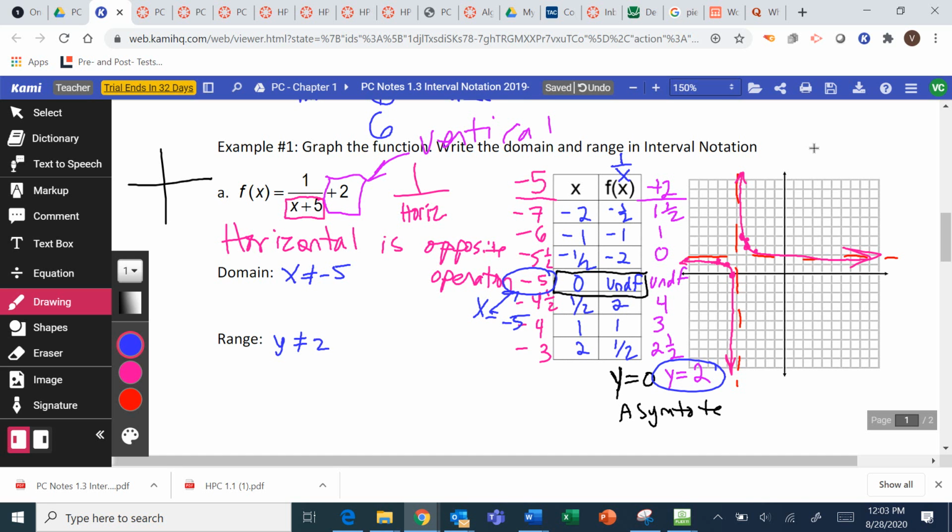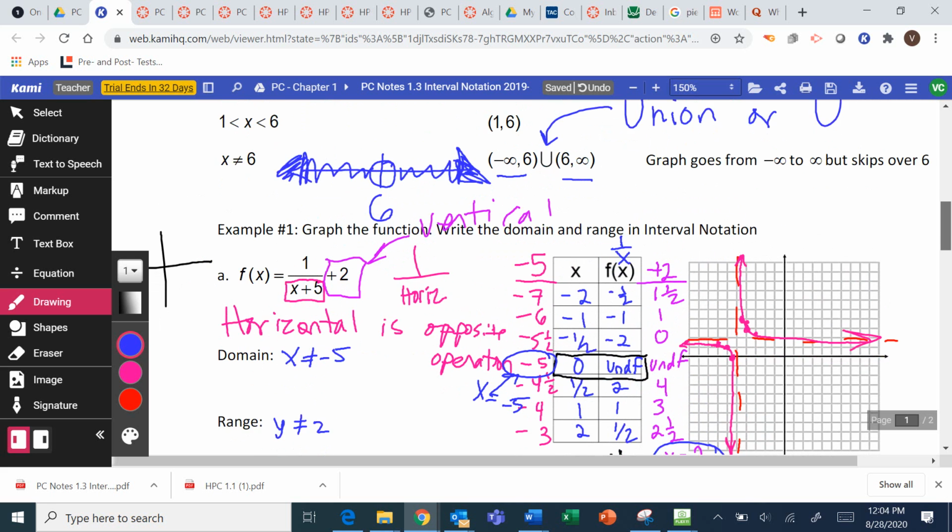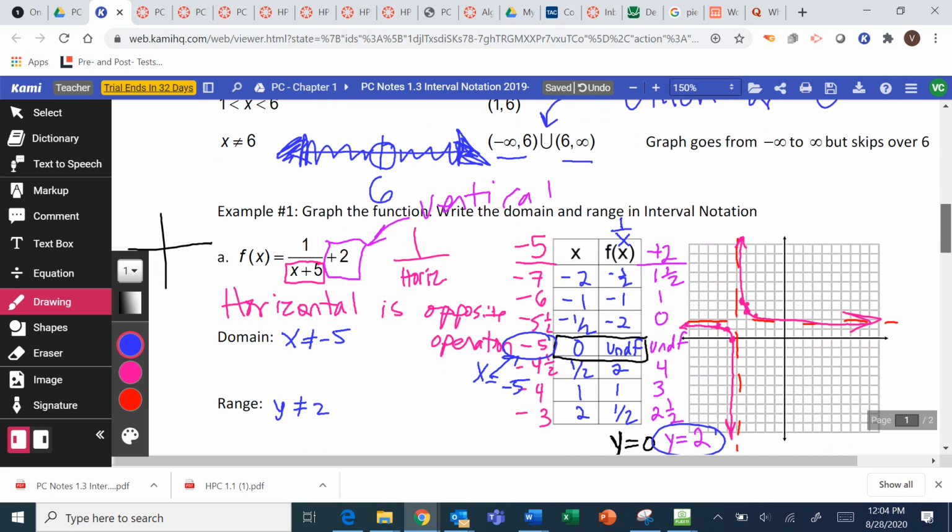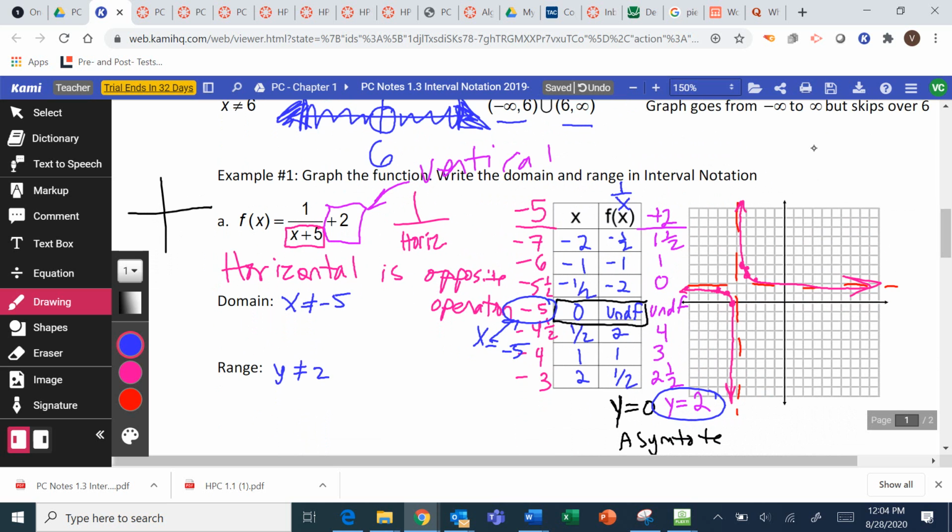That is not going to be how we write the domain and range anymore. We're going to write it in interval notation. So I have an example where I've done 6 in interval notation. But I'll just go ahead and write these answers for domain and range in the interval notation. So the graph itself is going all the way to negative infinity, and then it goes to -5, and that's where we have an asymptote.